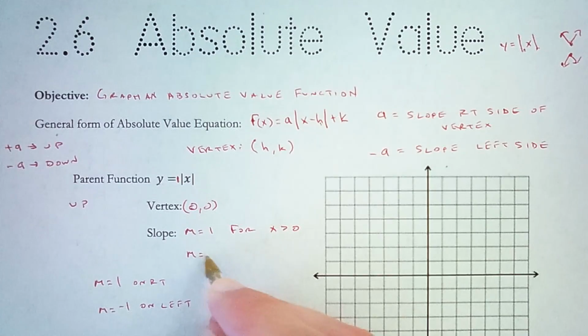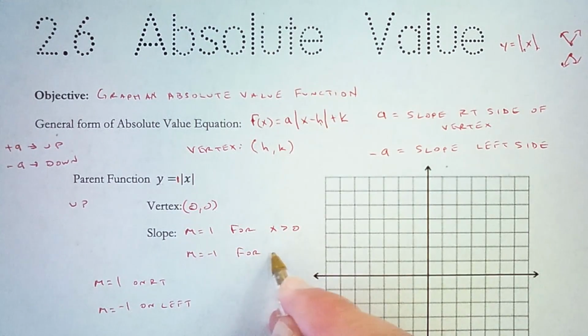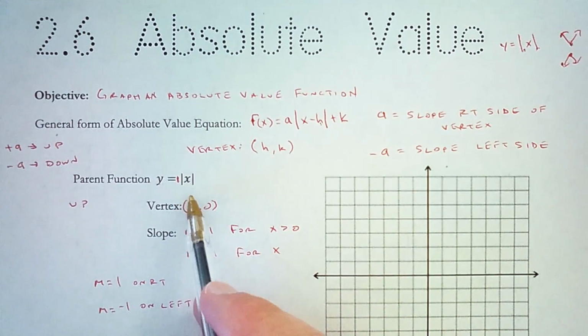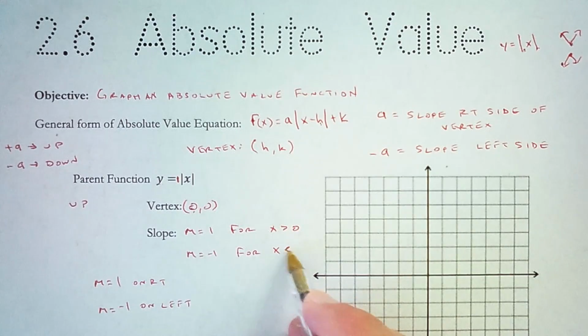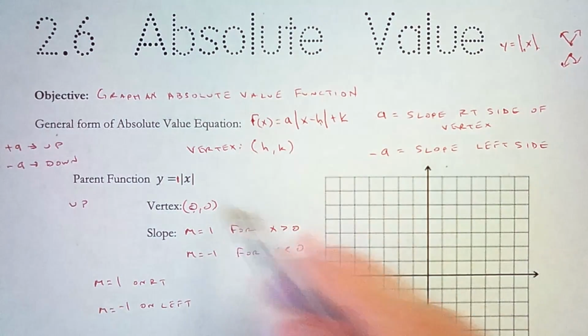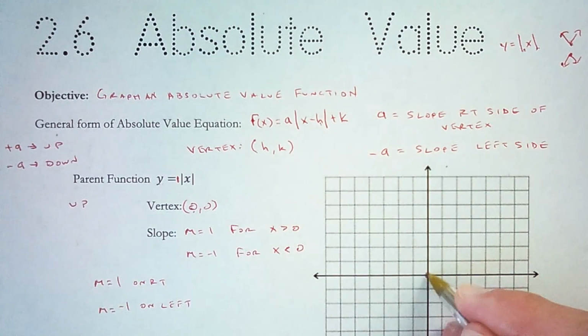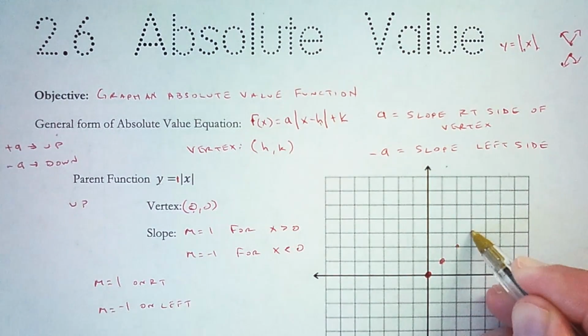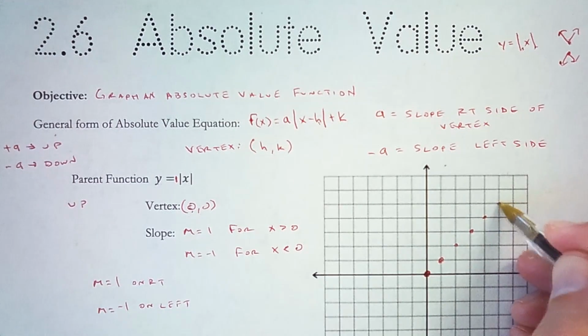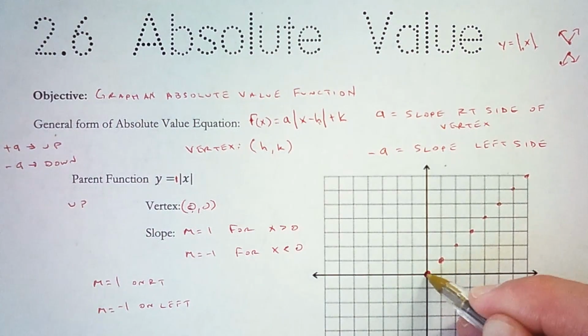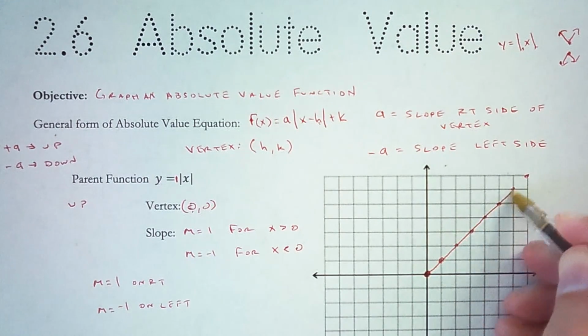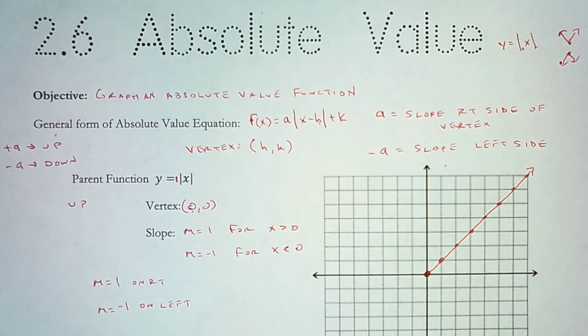And the slope is negative 1 for x's that are to the left of the vertex, so less than 0. So the vertex is (0, 0). And on the right side, there's a slope of 1, which means up 1 and right 1. And I'll do as many of those as I can. So here is the right side of the graph.